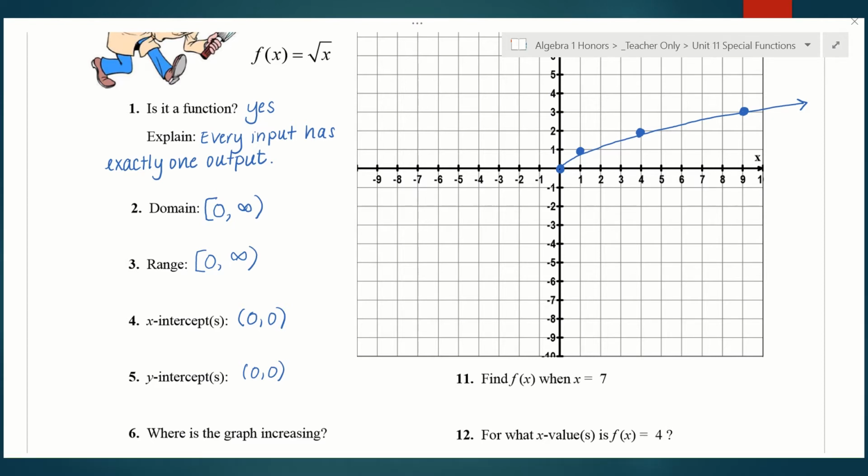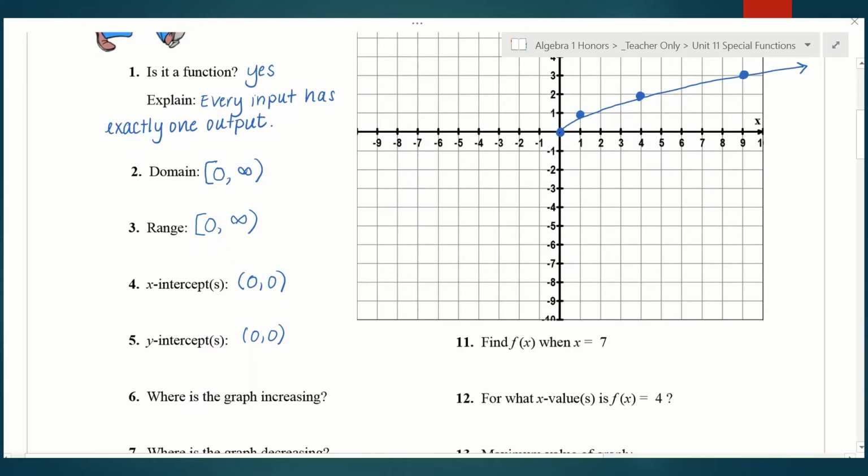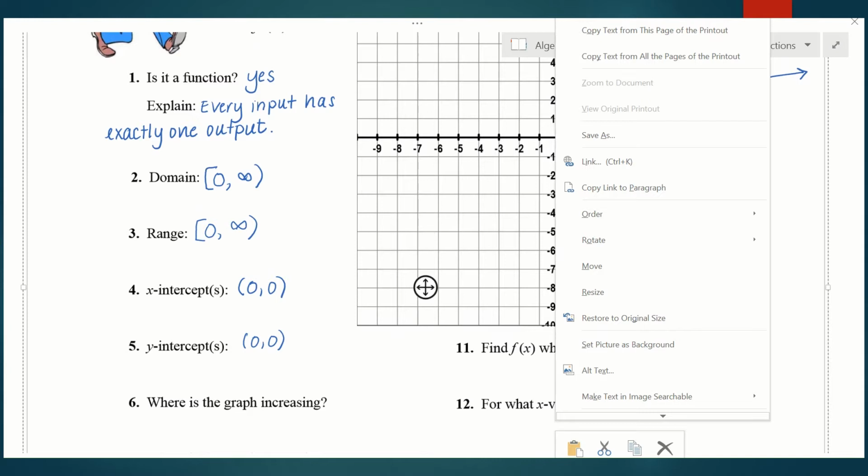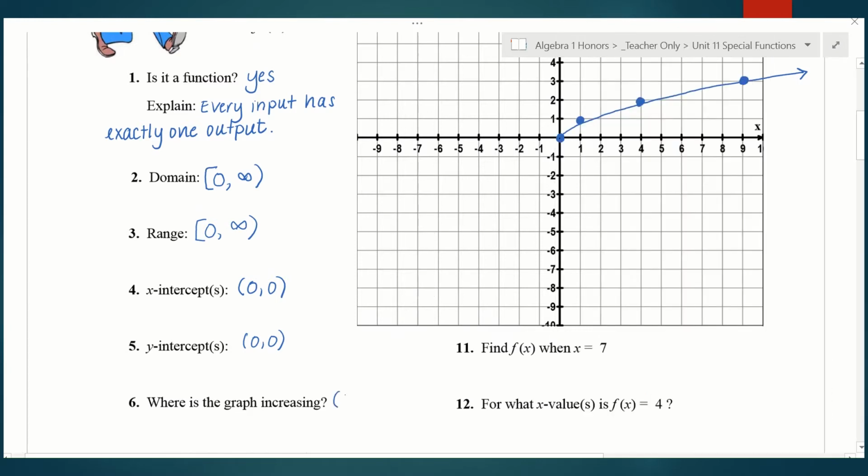Number 6, where is the graph decreasing? Remember, when we talk about increasing and decreasing, we read our line from left to right. In this case, looking left to right, my graph is never decreasing. It's always increasing, so I'm going to say it's increasing between 0 and infinity.